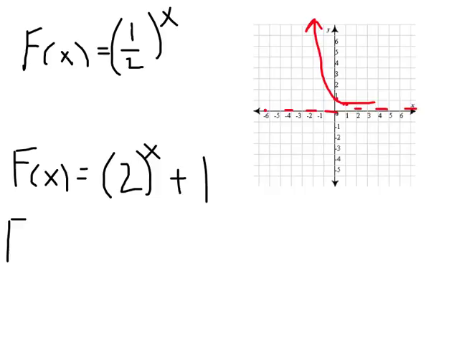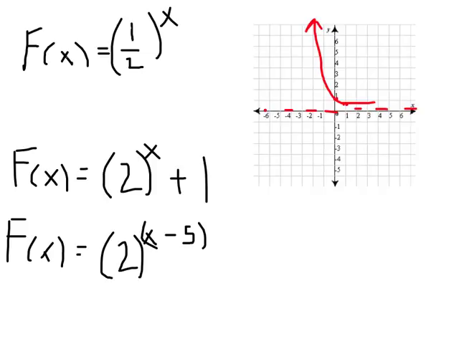Or if I had f of x equals 2 to the x minus 5, that 5 is in the power, see? So we would move this graph to the right 5. So they do follow the same transformations that we saw before.